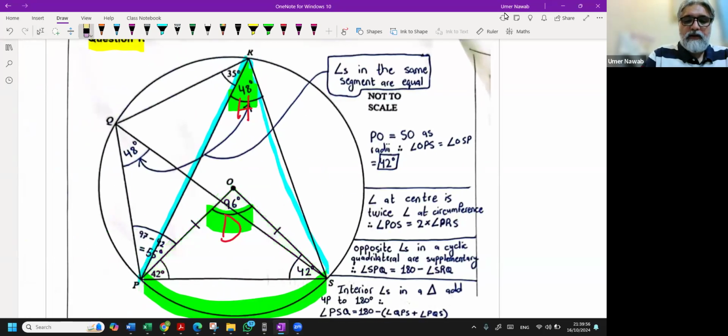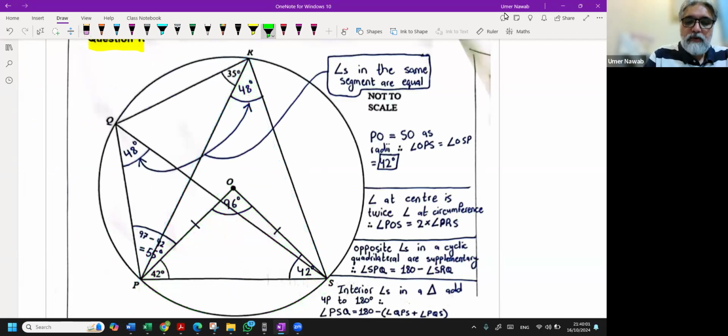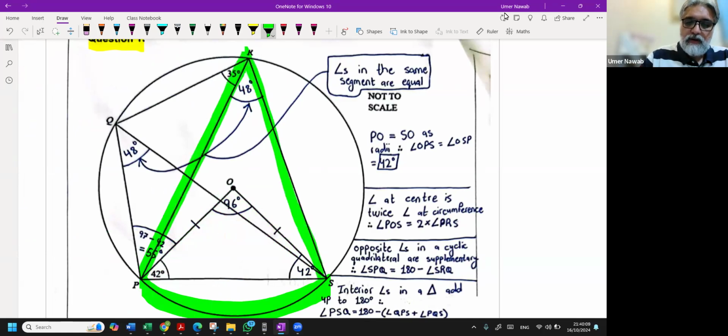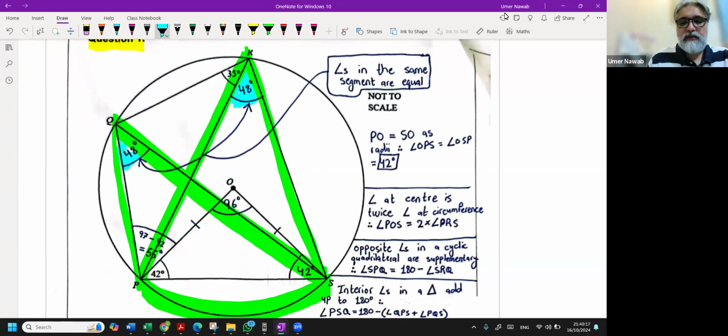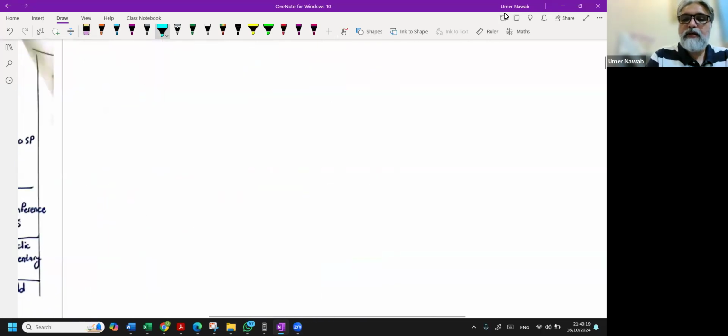Now, another important property I can see: this arc is making an angle here, and also it is making an angle here. The name of this property is angle in the same segment. I will repeat it.